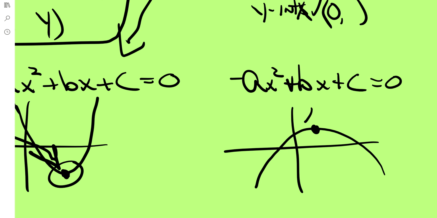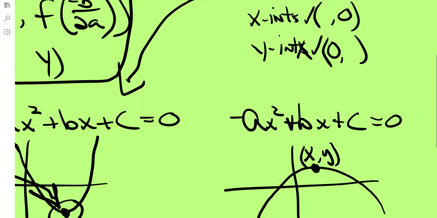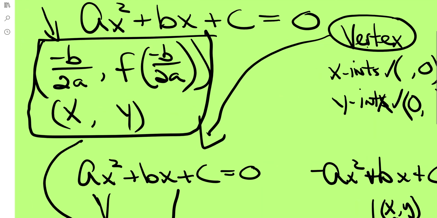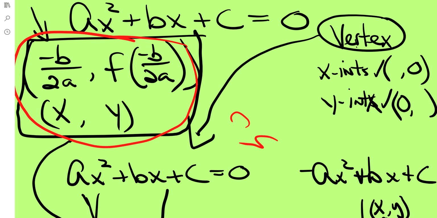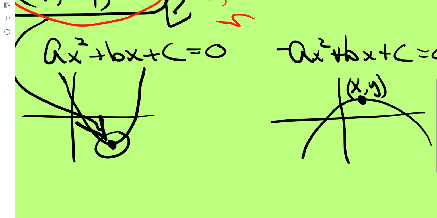And this is your x, comma, y that we get from figuring out the vertex. Again, just like the first one, but it's opening downward.